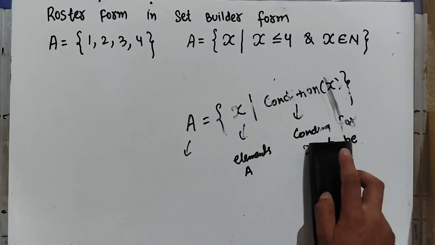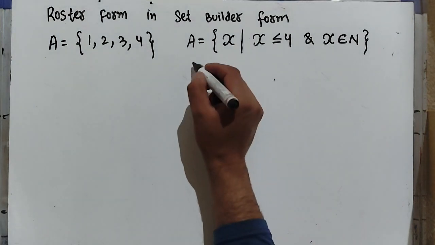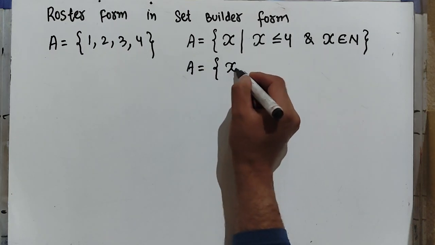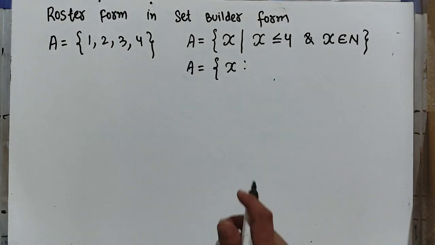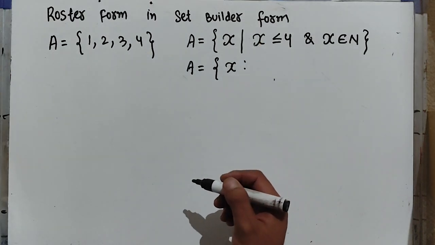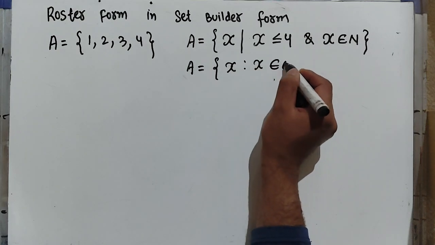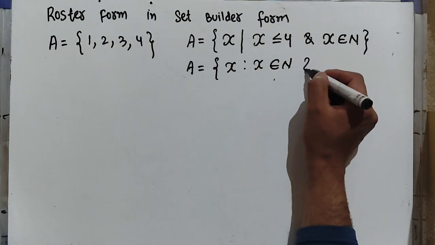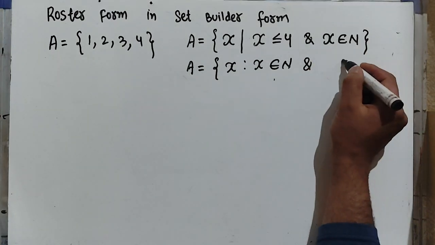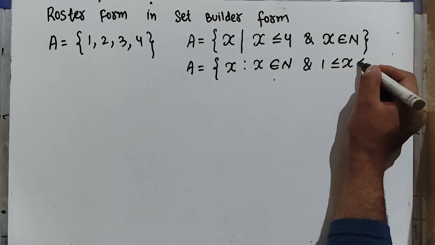We can write it in another way also. So there are 2-3 methods. We can write it like this also: A, the set of all x's such that, if we show this vertical line by this colon symbol, we can write it in this fashion also, and x belongs to natural numbers and x lies between 1 and 4.